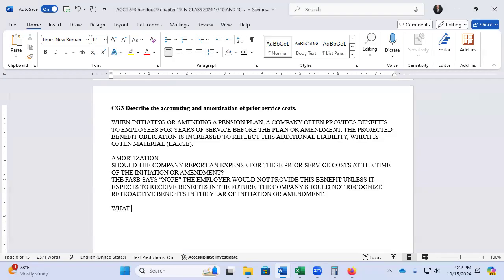So what happens? The employer records the prior service cost as an adjustment to other comprehensive income.